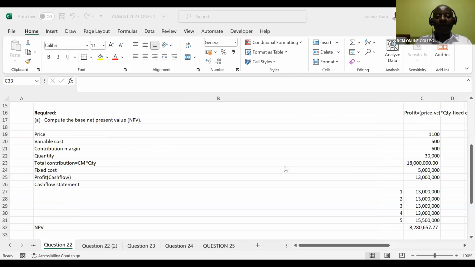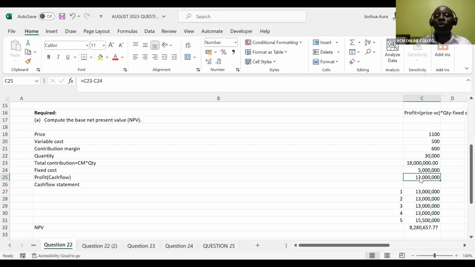Okay, so remember, now here we have been able to get this profit of 13 million. Because the question did not give us tax, when tax is not given, then depreciation is irrelevant.